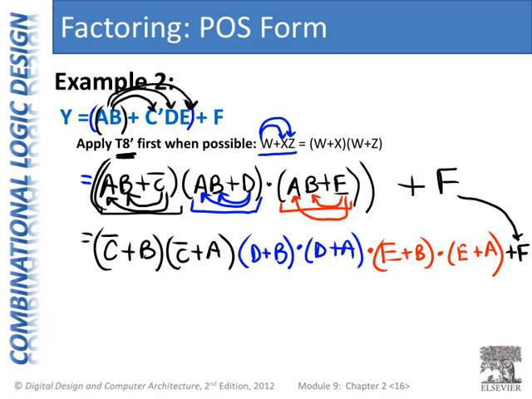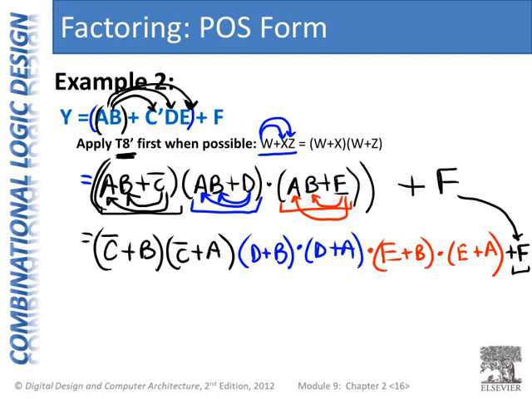So we have F, or a bunch of terms ANDed together. They're not literals, but they are terms that are ANDed together. So now we can distribute that OR across each of those AND terms.